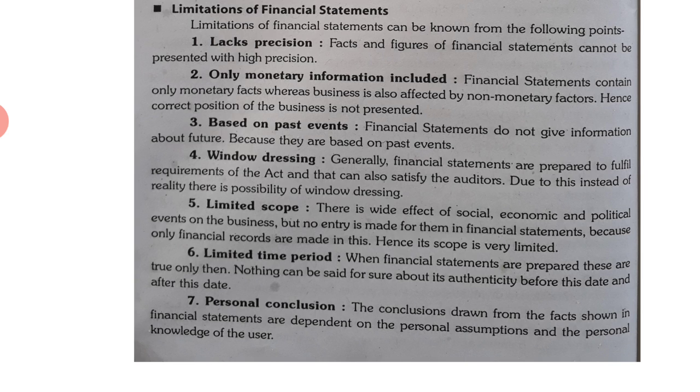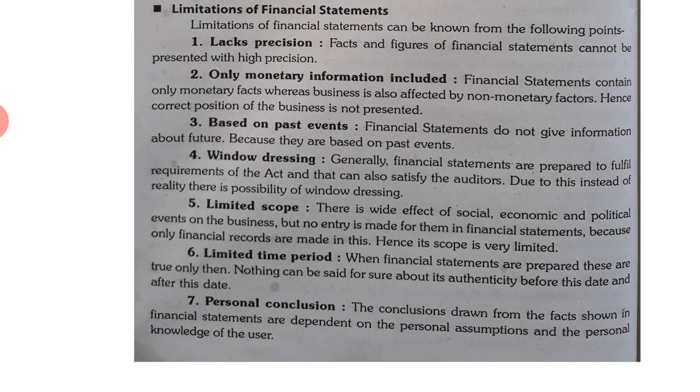Next, only monetary information is included, that is quantitative, not qualitative, like the honesty of any employee, hard work, dedication, devotion, and whatever qualitative measures there are, they are not taken into consideration when financial statements are made.